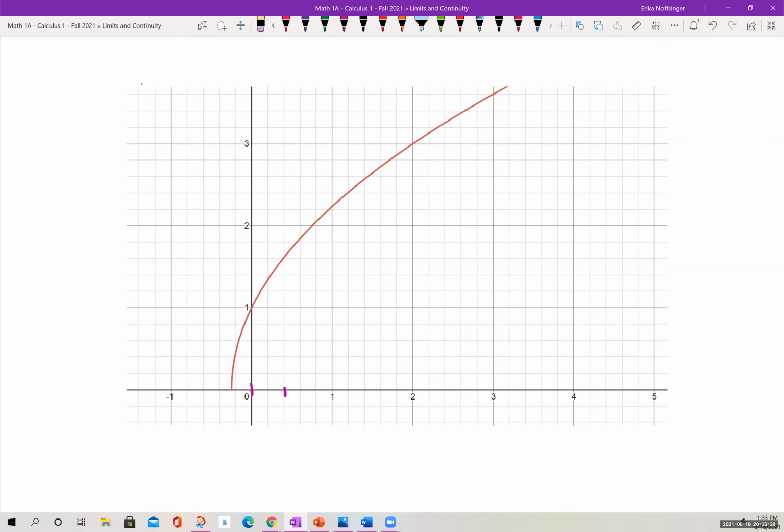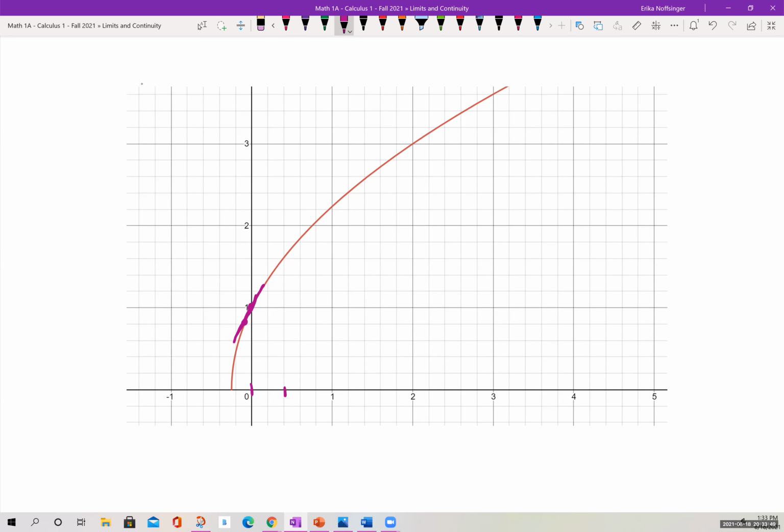And again, to reiterate, it doesn't matter if I chose points on the left instead, it just has to get closer and closer. We're getting infinitesimally close, because we can say 0.0001, and we can just add more zeros after the decimal to make it even closer.